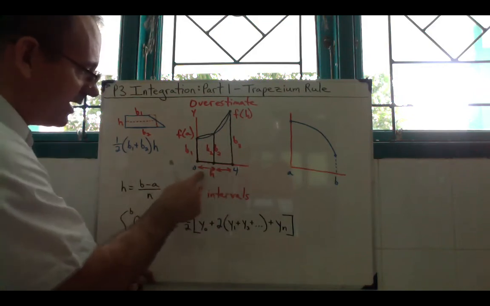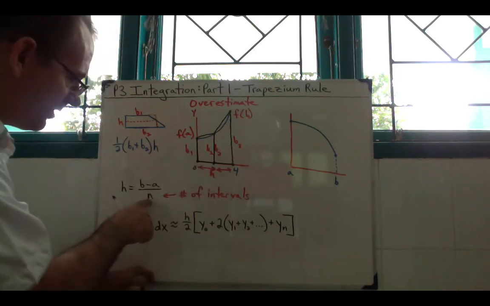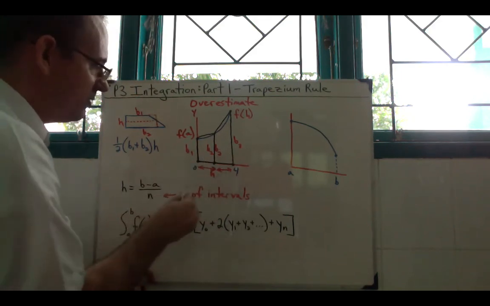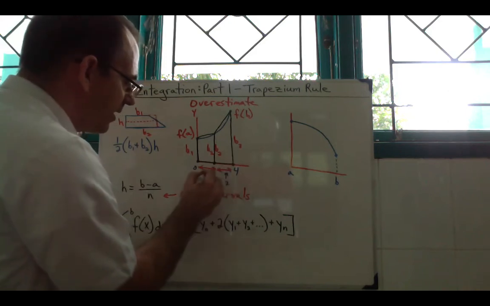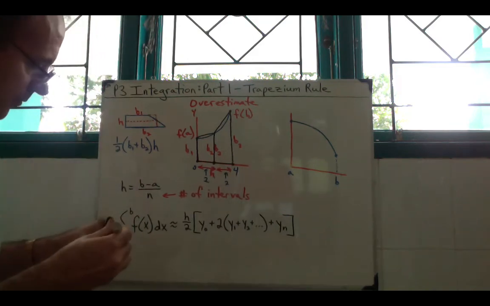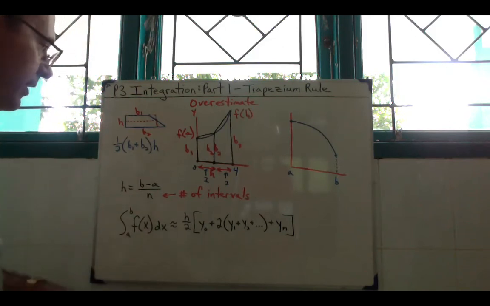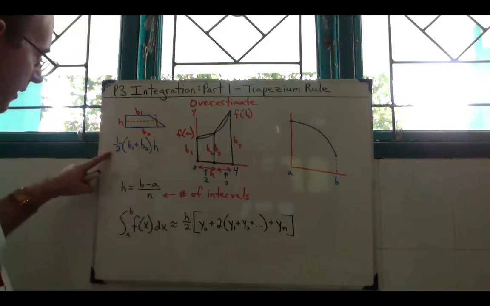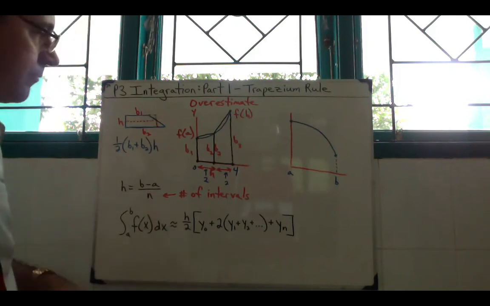Our b minus a, 4 minus 0, divided by the number of intervals, so divided by 2. 4 divided by 2 is 2. That means each height is a length of 2. So we would have 2 over 2 in this part, the height, which is 2, times the 1/2, or height divided by 2.